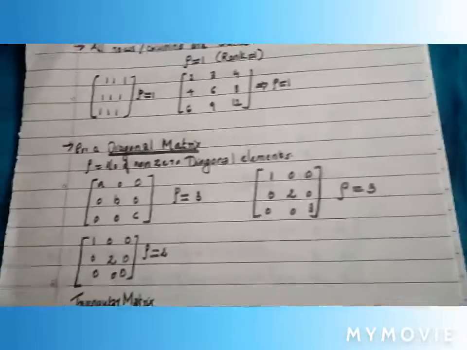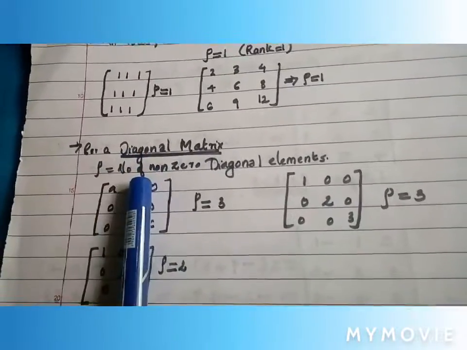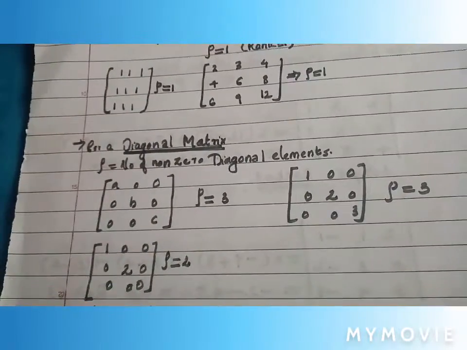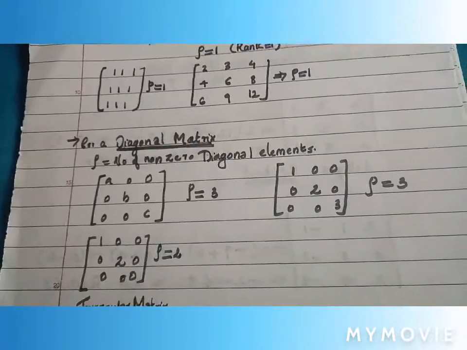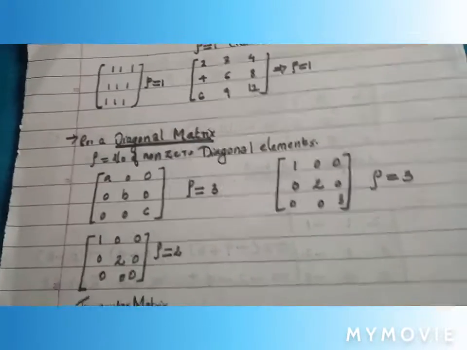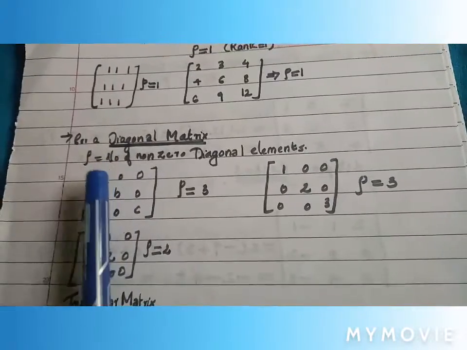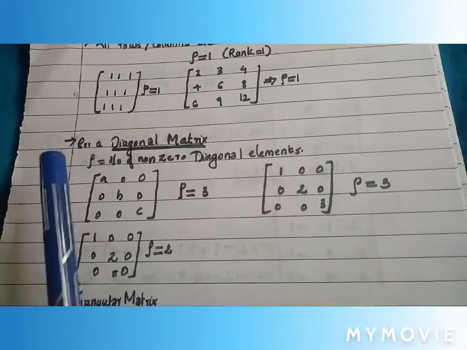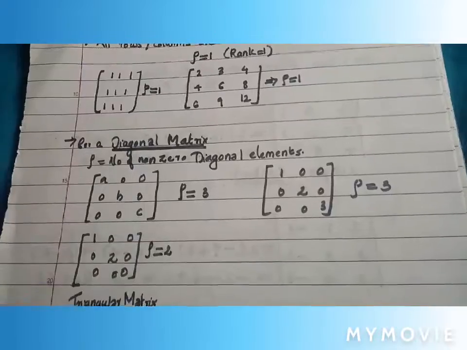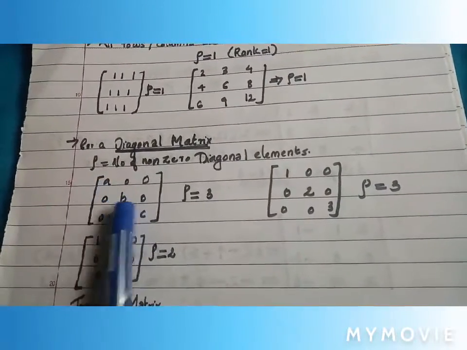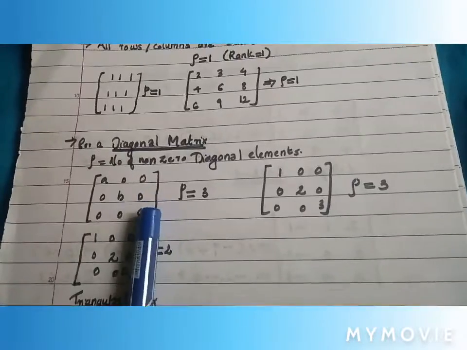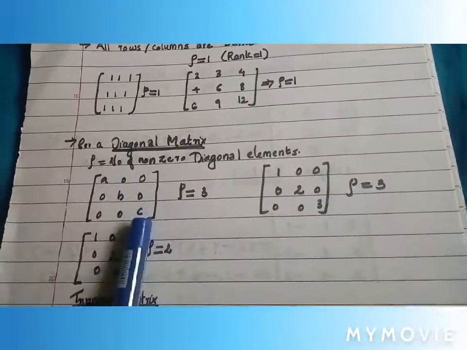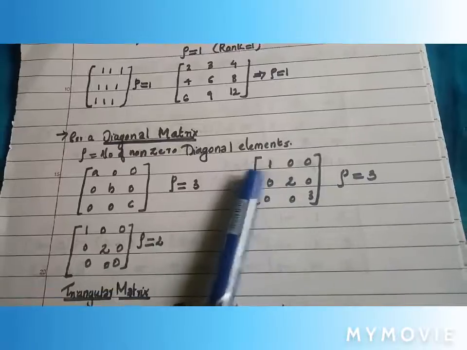Next, for a diagonal matrix, we know that only the diagonal elements exist, and other elements are 0. So the rank of a diagonal matrix is the number of non-zero diagonal elements. That is, here the rank means the number of non-zero diagonal elements, that is a, b, c, which is 3.